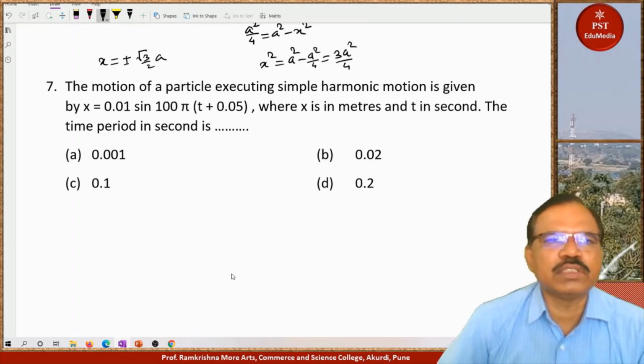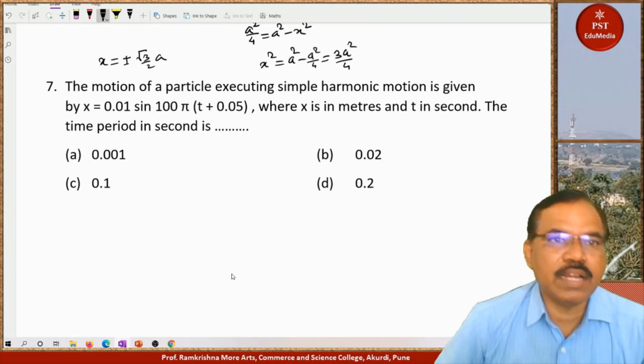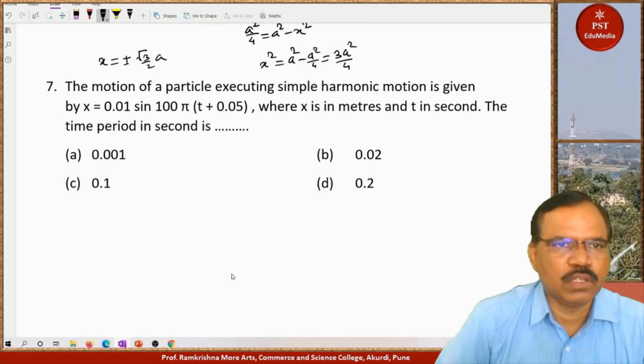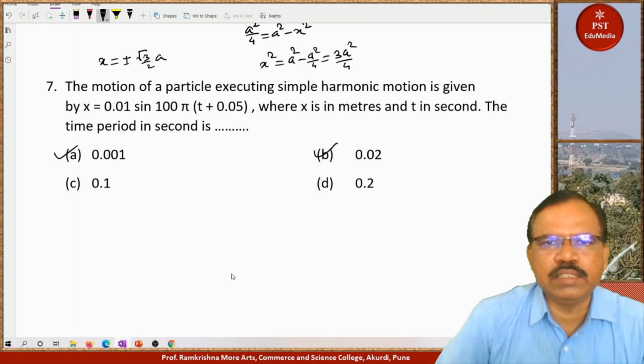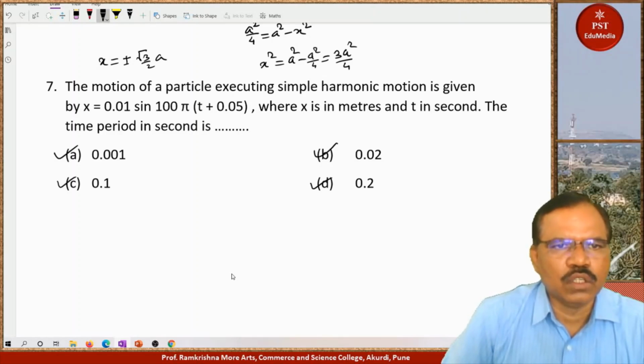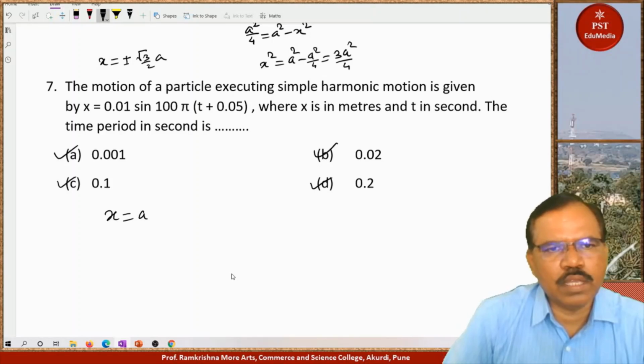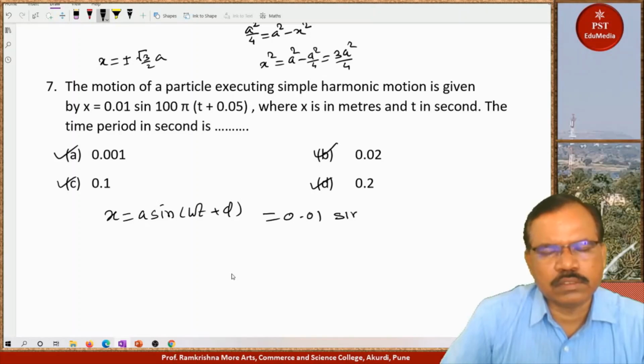The period of oscillation, time period in seconds, is? So we know x is equal to a sine (omega t plus phi), and what is the given value? 0.01 sine 100 pi (t plus 0.05).